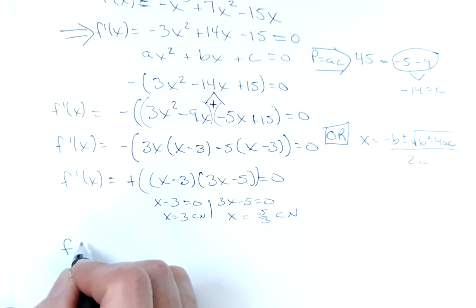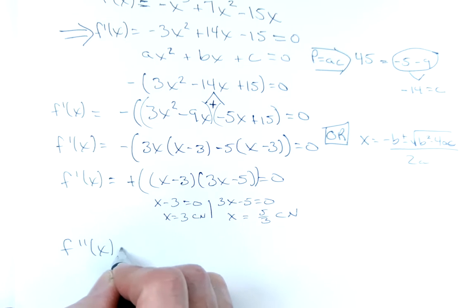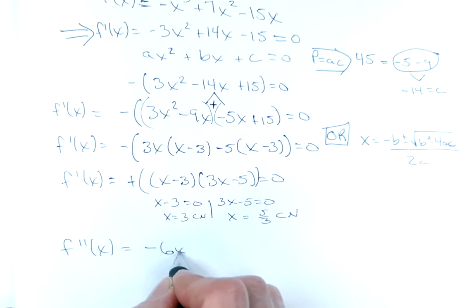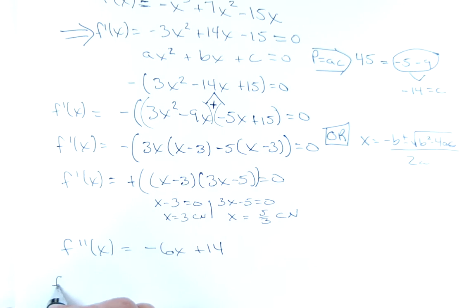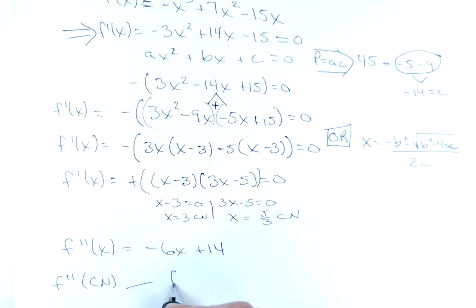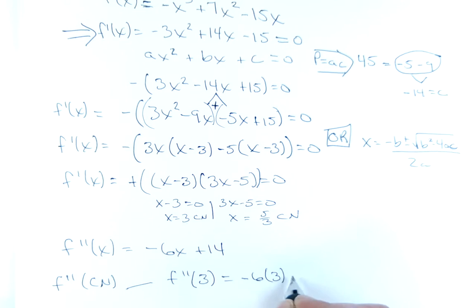So f double prime of x is equal to negative 6x plus 14, and I will take f double prime of my critical numbers. So the second derivative evaluated at 3 is equal to negative 6 times 3 plus 14, and that's negative 18 plus 14, which is negative.